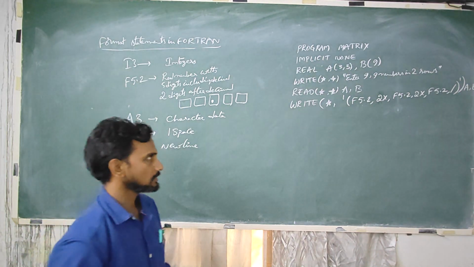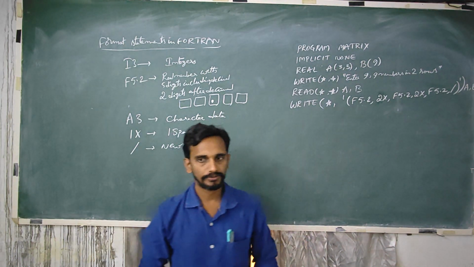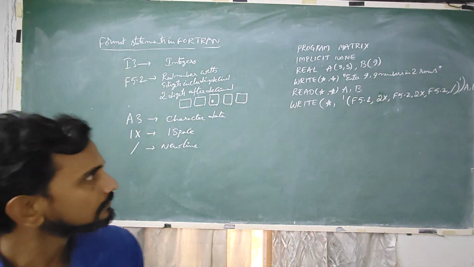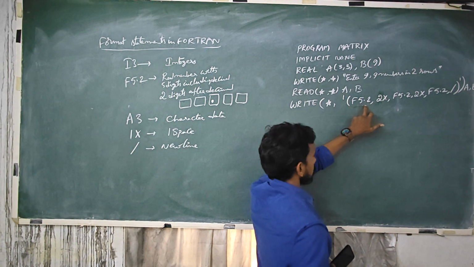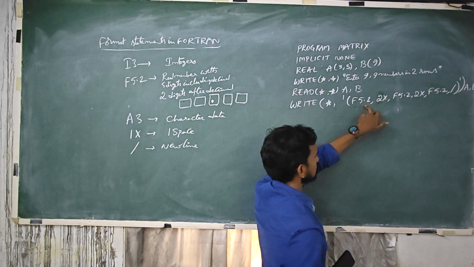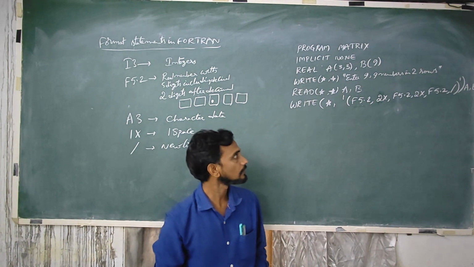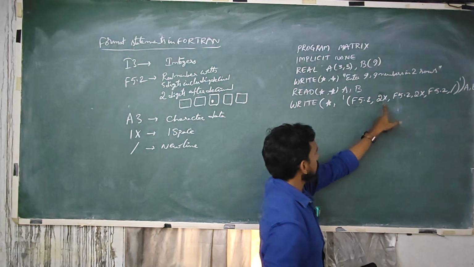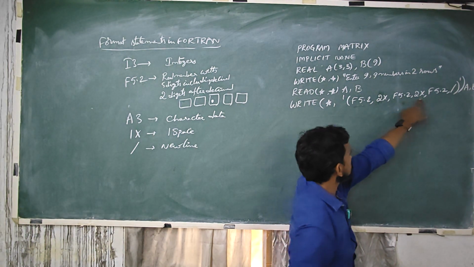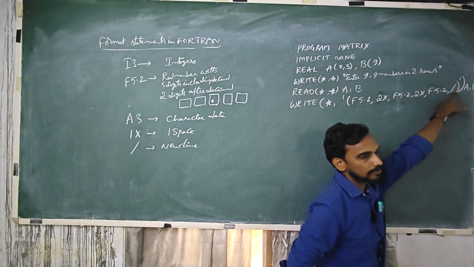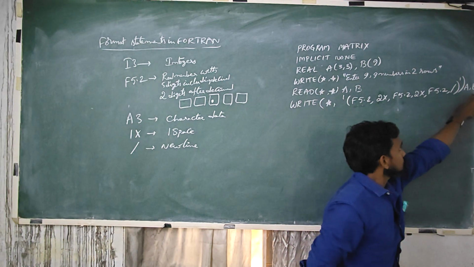So the entire format statement should be kept in single quotes and in a bracket. So I try to print a real number with 5 digits in total and 2 numbers after decimal. Like that, followed by 2 spaces, and then again a real number, 2 spaces, a real number, followed by new line. So like that, this entire data should be printed.